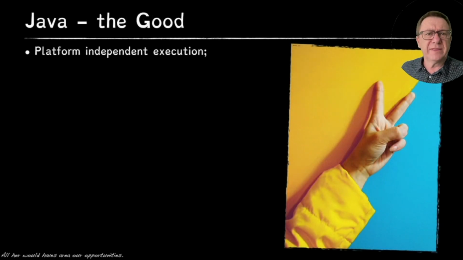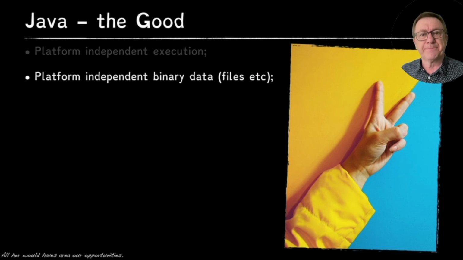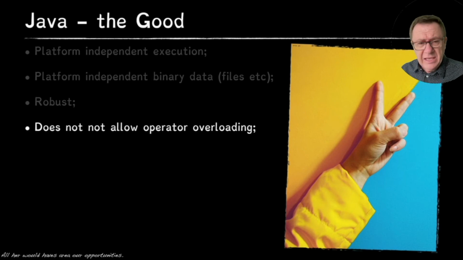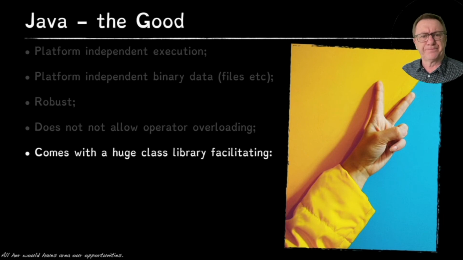So what are some of the good things? We say it's platform independent, meaning I can build it on any platform and run it on any other platform. So our platform independent binary data, very nice. It's robust, fairly robust. It does not allow operator overloading, and we'll come to that in another lecture, what that means.